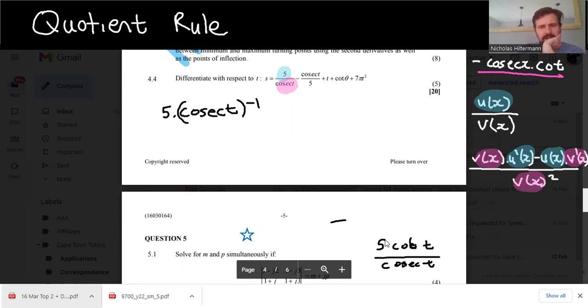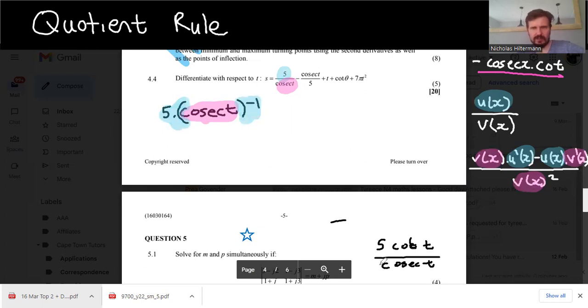And so the chain rule, to go back to that first video, is the inside outside rule. So what I do is I find the derivative of the inside, which is this. Then I times by the derivative of the outside. Okay, so let's see how that works.